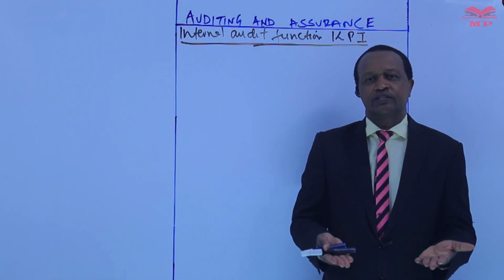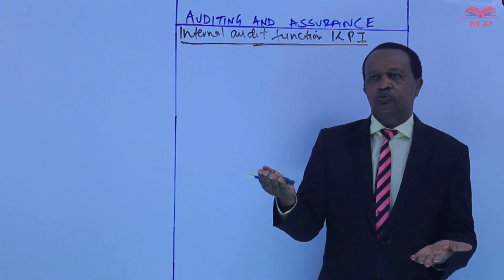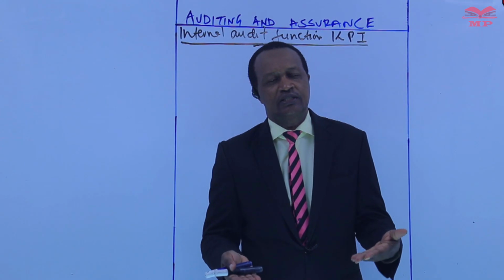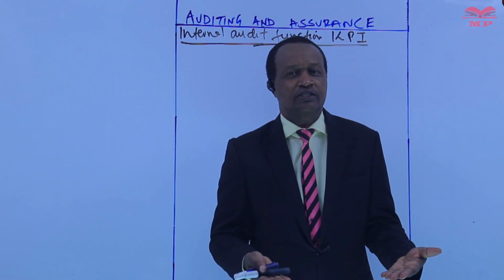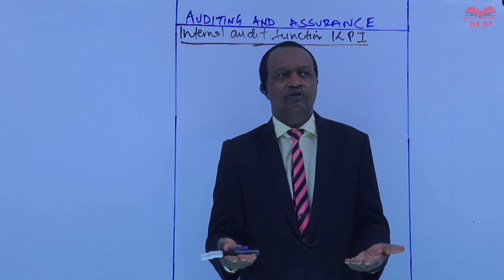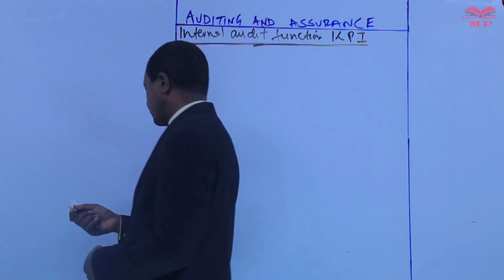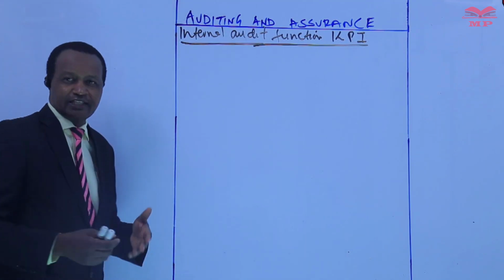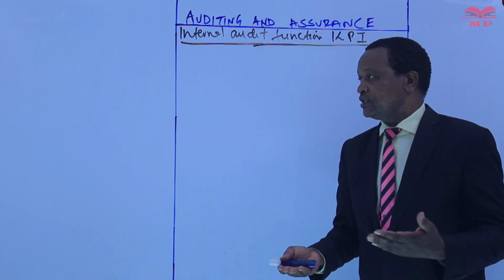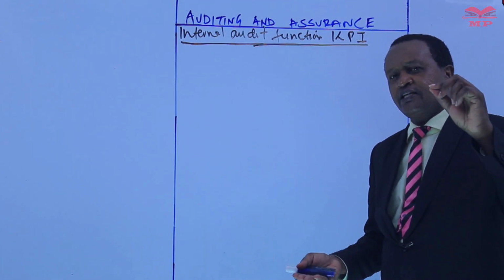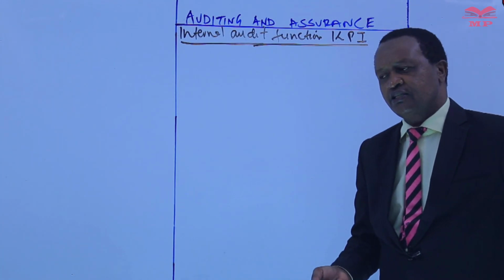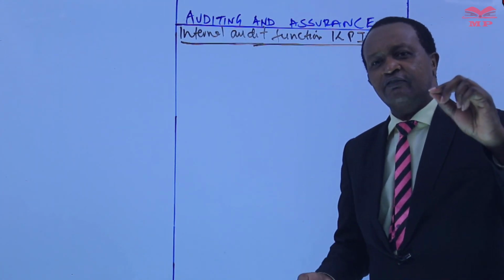We'll group these indicators into several categories: we have financial indicators, operational indicators, timelines of audit reports, and so on. So, do you understand the subtopic? We are discussing the performance indicators for the internal audit function.